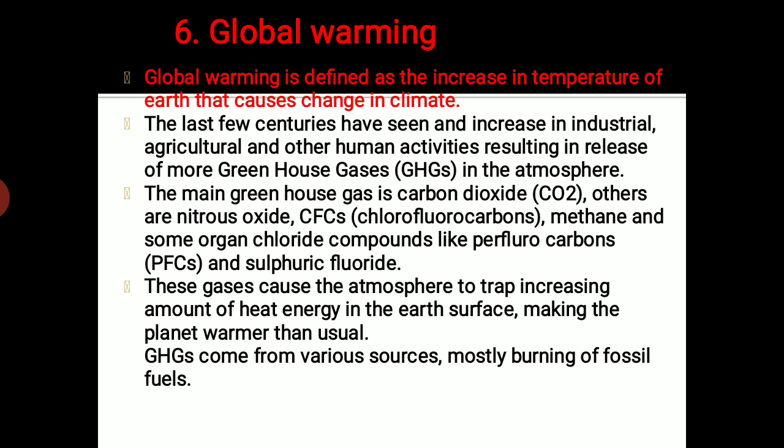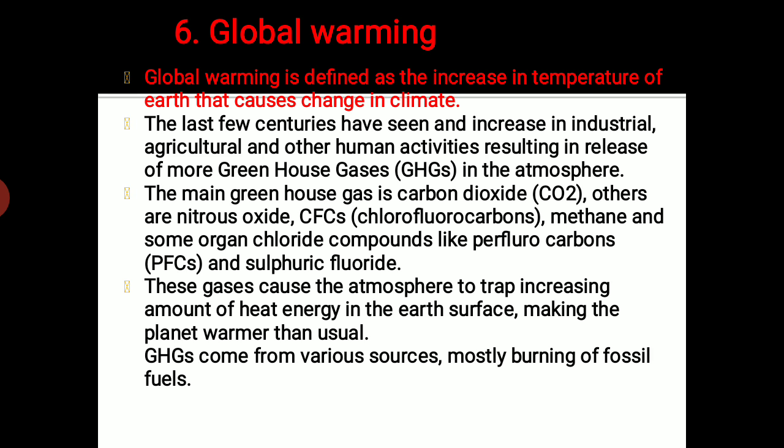So global warming can be defined as an increase in the temperature of earth that causes change in the climate. Simplest definition, simplest way to understand what global warming is: increase in temperature. The increase in temperature, in the amount of heat on earth, because of which there is change in the climate, can be considered as global warming, right?